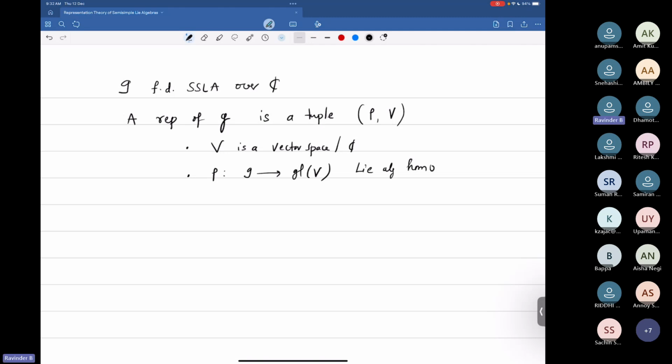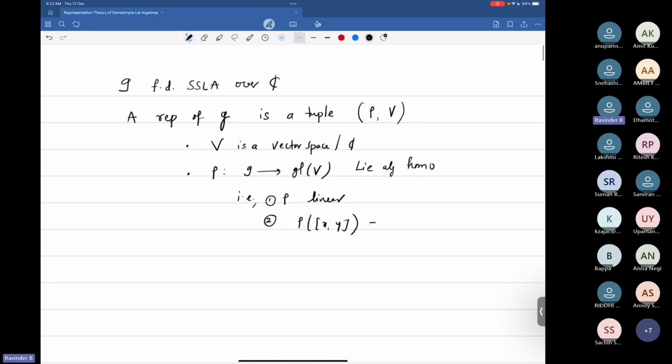Lie algebra homomorphism means it's a linear map and it respects the Lie bracket. So the Lie bracket notation for G is this, and for GL(V) it is the commutator: rho of x composed with rho of y minus rho of y composed with rho of x.